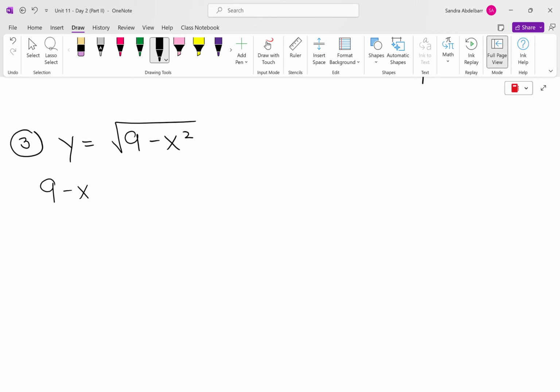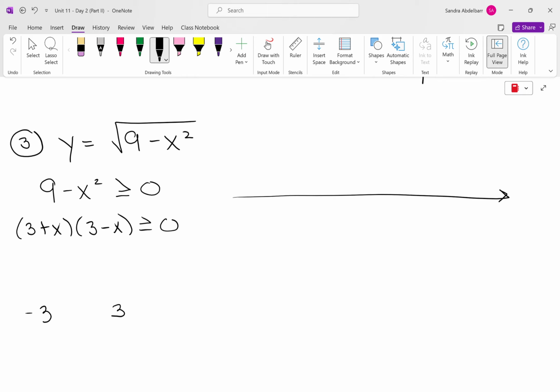We recognize this as a non-standard graph, so we start by finding the domain. So 9 minus x squared must be greater than or equal to 0. We're going to get (3 plus x)(3 minus x) greater than or equal to 0. Our reference numbers will be -3 and +3, and we're going to test the regions.